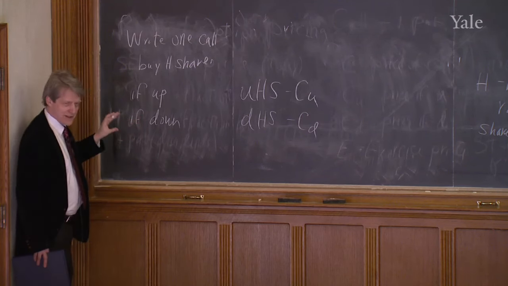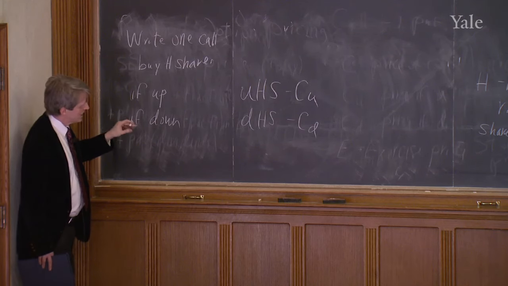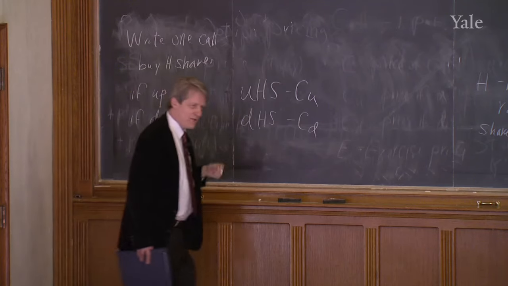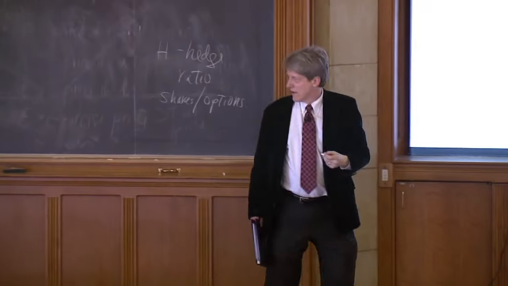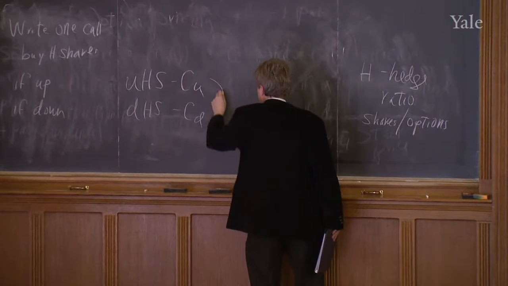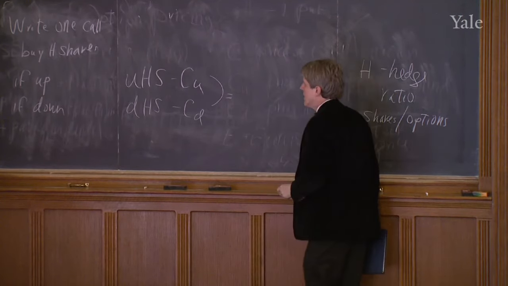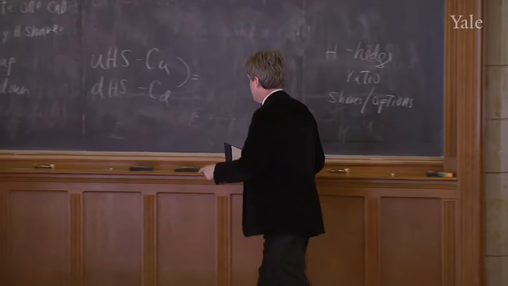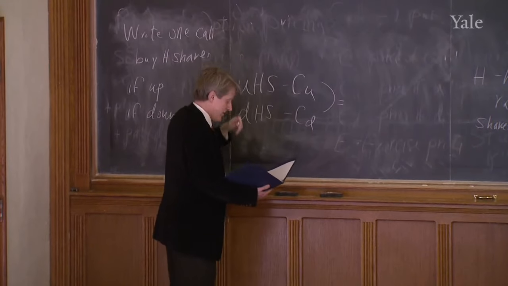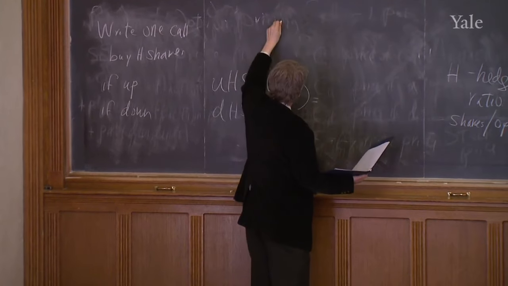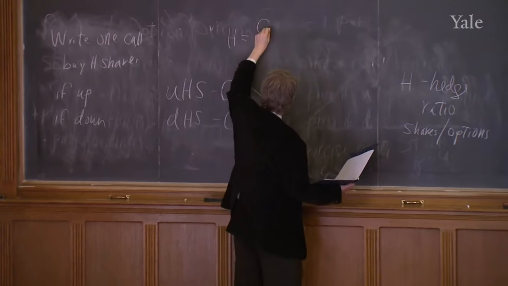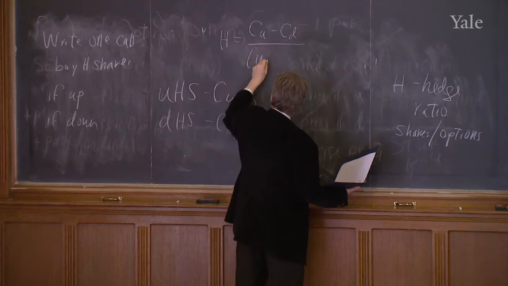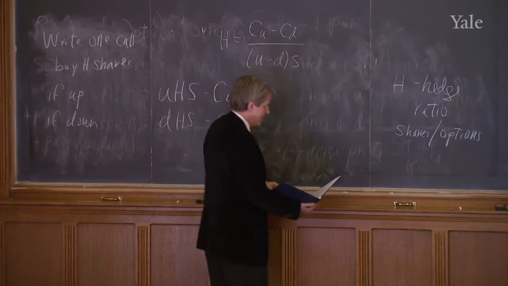Now what I want to do is eliminate all risk. So that means I want to choose H so that these two numbers are the same. And if I do that, I've got a riskless investment. All right? So set these equal to each other. And that implies something about H. We can derive what H is. If I just put these two equal to each other and solve for H, I get H equals C sub U minus C sub D all over U minus D times S. Okay?